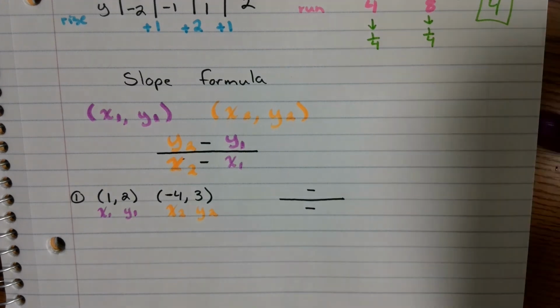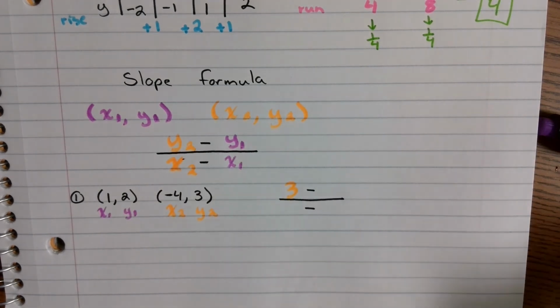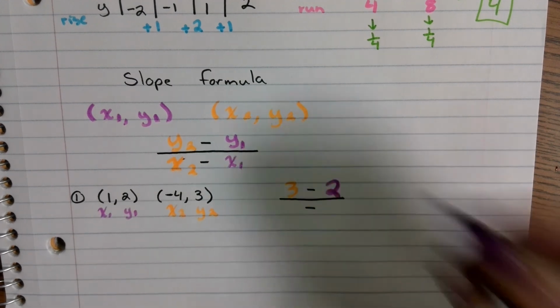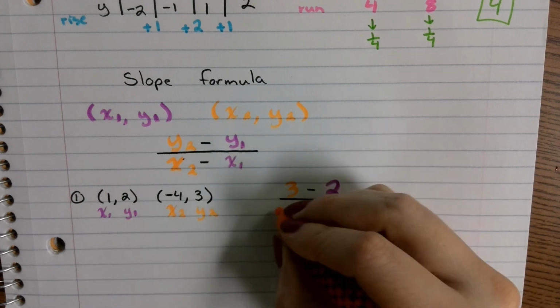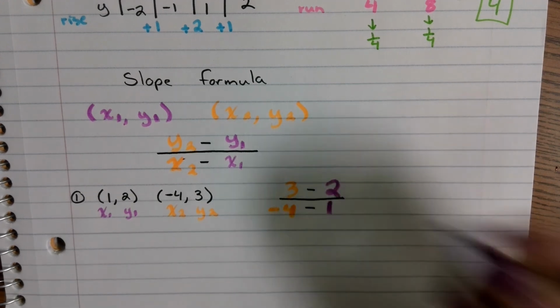Then I fill in my numbers. Y2 is a 3. Y1 is a 2. My x2 is a -4. My x1 is a +1.